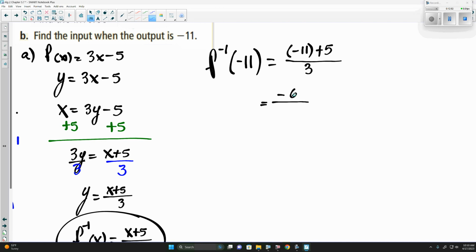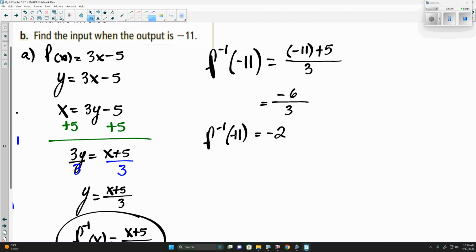But if we did this by hand, negative 11 plus 5 is negative 6. Negative 6 divided by 3 is negative 2. So f inverse of negative 11 is negative 2. Telling us if we plug negative 2 into our original function, we would get an output value of negative 11. Questions on any of this here?